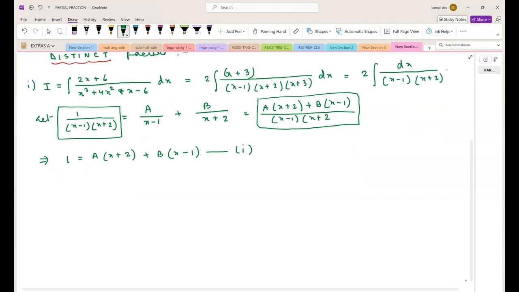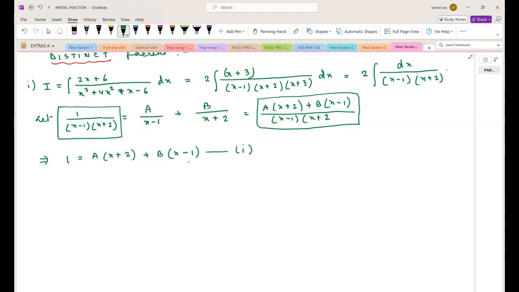Now my sole aim is to find the values of a and b. This can be done by two ways rather. Since this sum where you have linear non-repeating factors, you can simply choose such a value of x that will be convenient for you. For example, if I choose x equal to minus 2, then this will vanish. Or if I choose x equal to 1, the second portion will vanish.